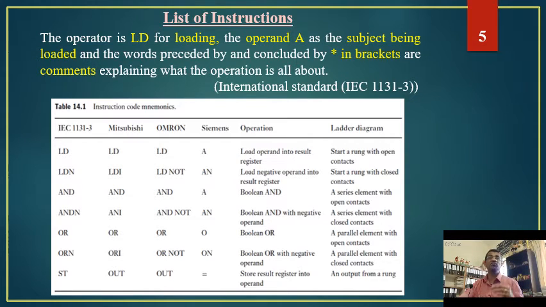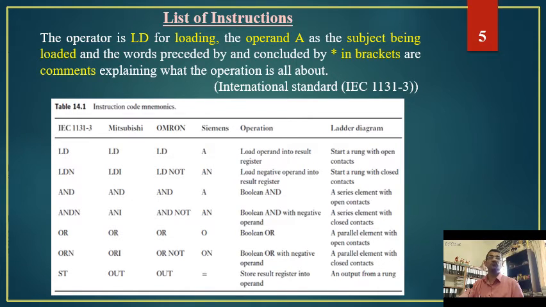Now if normally closed is used, then it is called ANI, or AND NOT in Omron, or AND N in IEC, or simply AN in Siemens. Then there are other operations like the OR operation, represented as OR if it is a normally open contact, ORI if it is a normally closed contact.